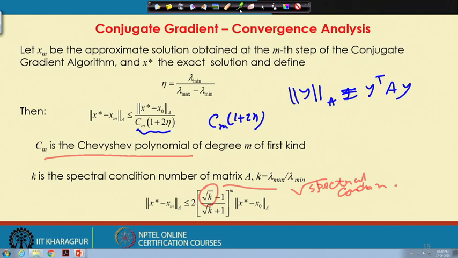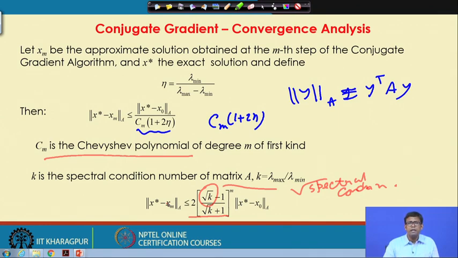So, this coefficient which is multiplied with the norm of x star minus x 0 to give the mth order error must be smaller than the coefficient multiplied with the same norm for the steepest descent algorithm. And how much smaller? It is the square root of the spectral condition number.